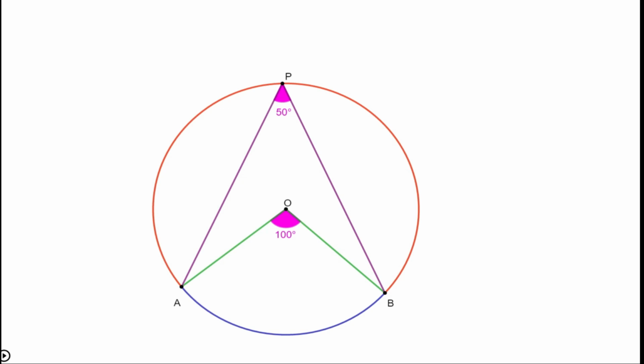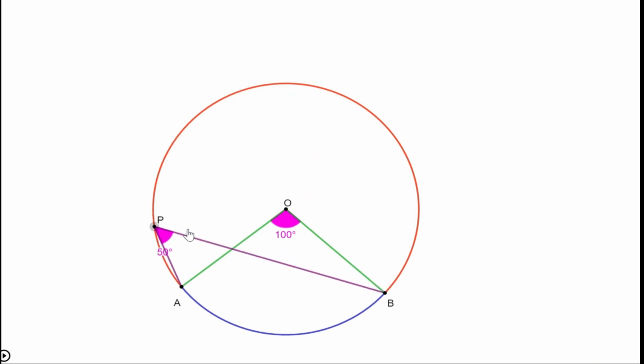In different problems, this idea can be asked differently. So we have to understand this idea very well. That is, when P is here, this angle is the angle made by arc AB and therefore it is half the central angle. When it is here, again it is half the central angle. Or it can be like this.